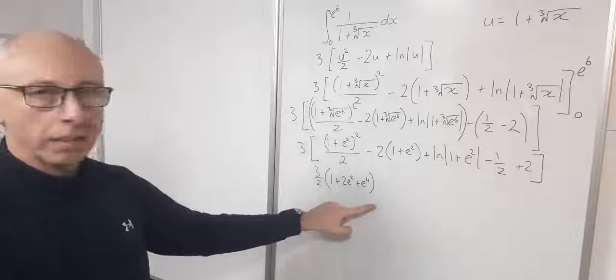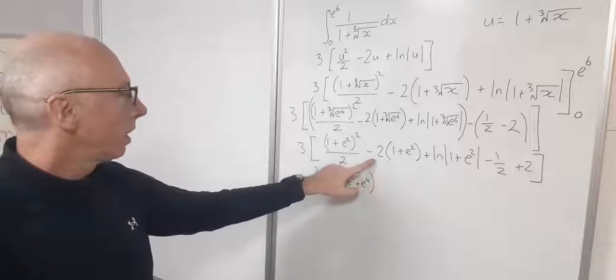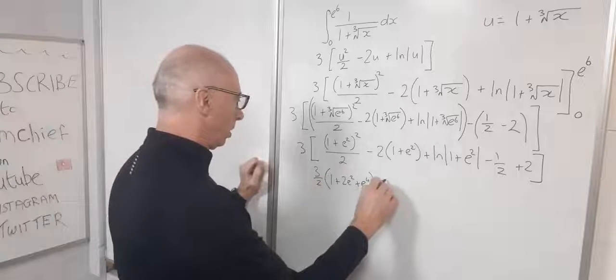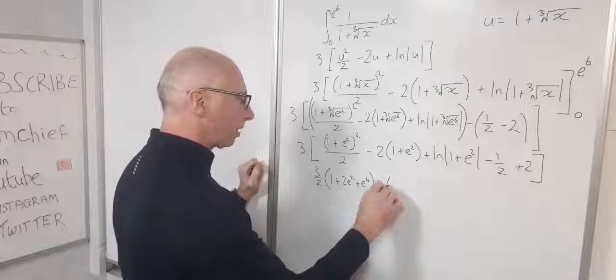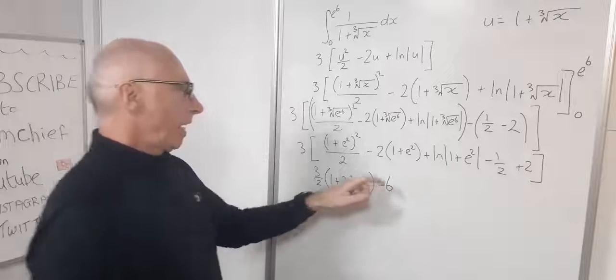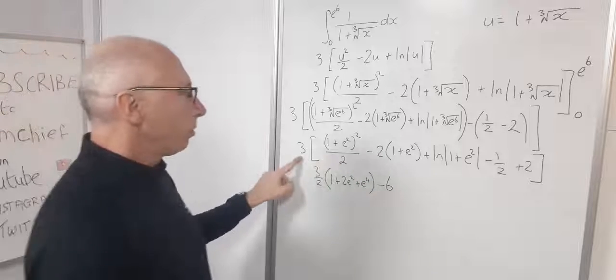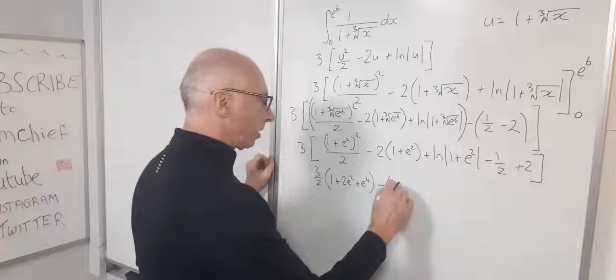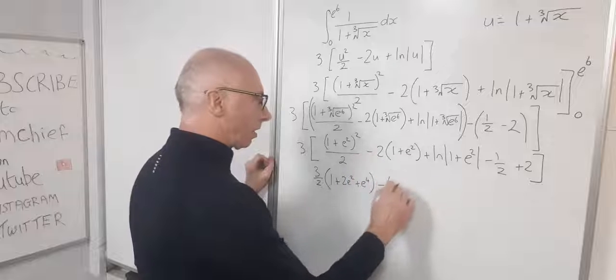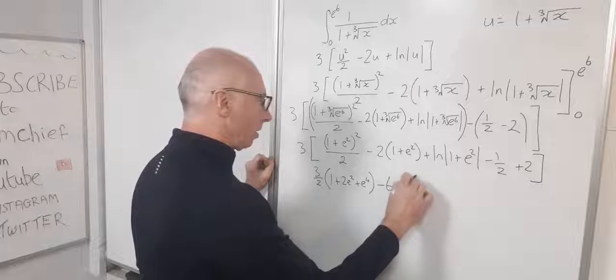So that takes care of that. This one's going to give me minus 2 times 3, so minus 6. And then e squared times 2 times 3 will give me 6e squared, so that's going to be minus 6e squared.